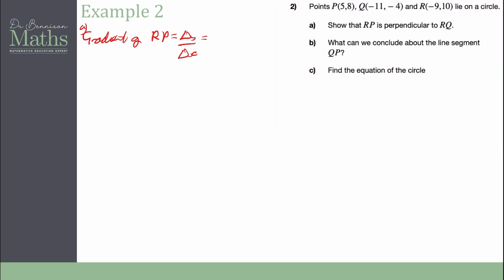So the change in y for RP is 8 minus 10 all over 5 minus -9. So that's -2 over 14, which is -1/7.